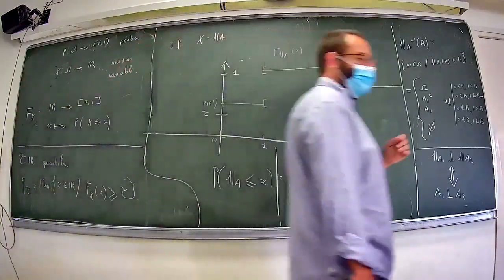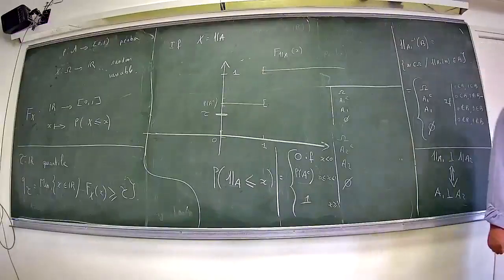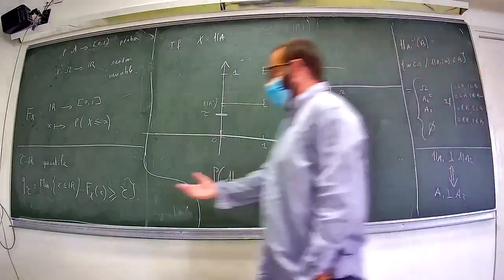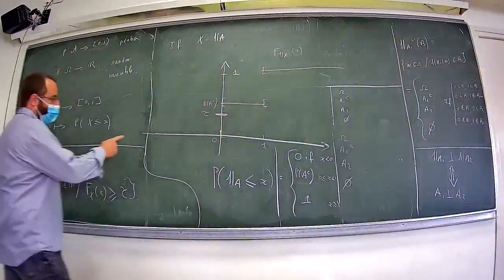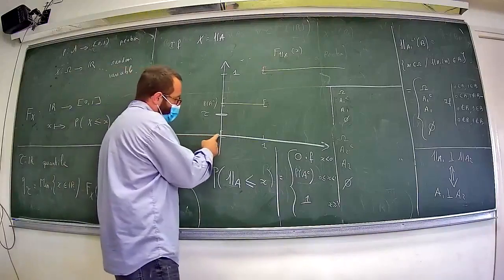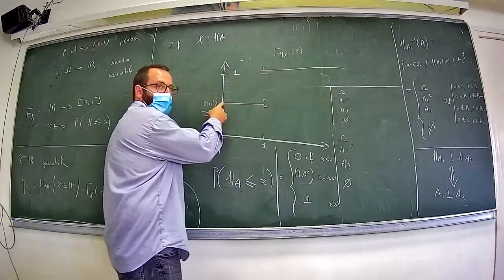What is the tau quantile here in my case of the indicator function? The minimum of the x such that the distribution function is greater than tau. I take my x, here I am not greater than tau, and here I jump and I am greater.